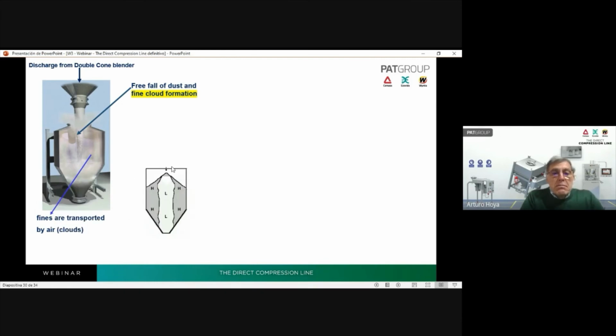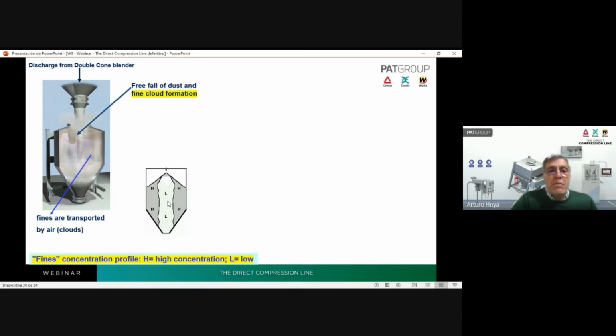So the distribution now, this is an idea. The distribution of API: fines are concentrated at the edge, and in the middle, low concentration of the API.